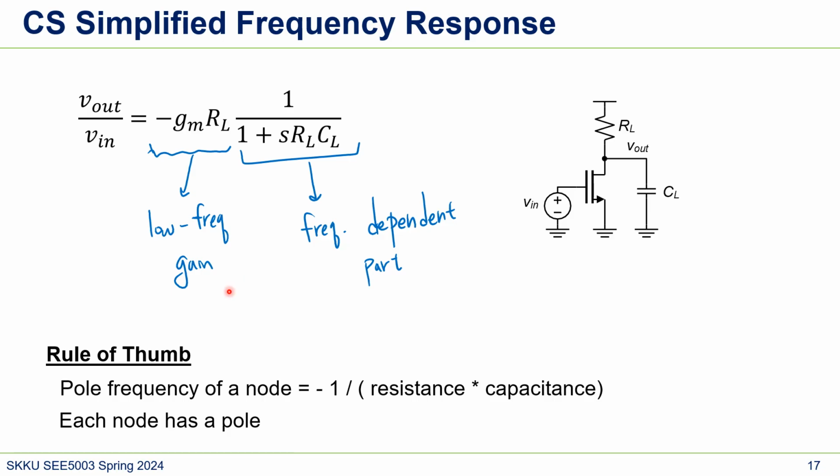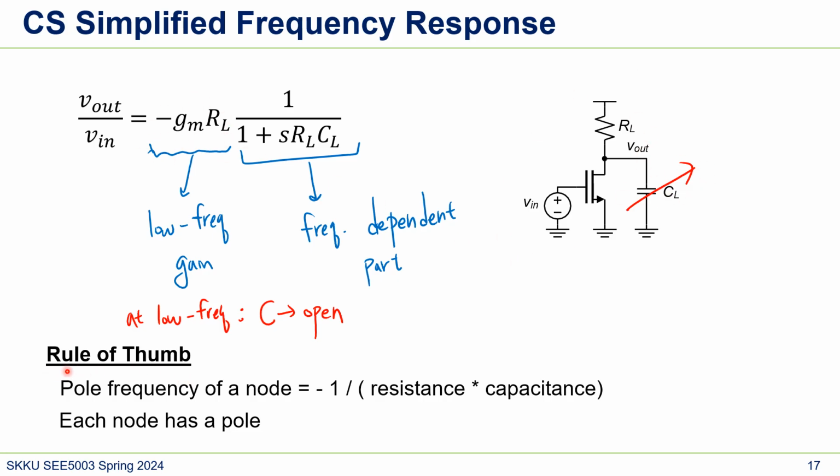So why is this the low frequency gain? That's because at low frequency, the capacitor looks like open. The capacitor is just removed, and then we have just the normal minus GM RL.